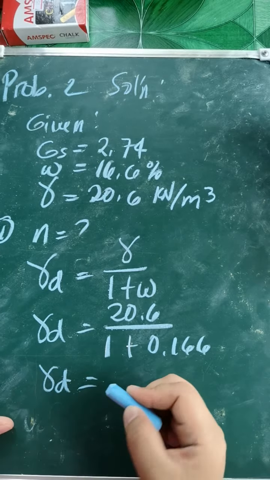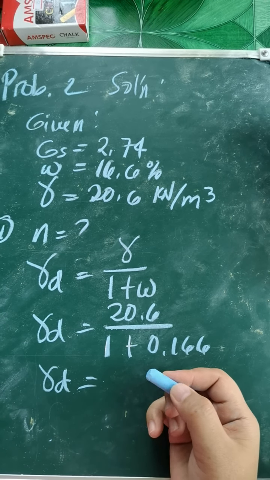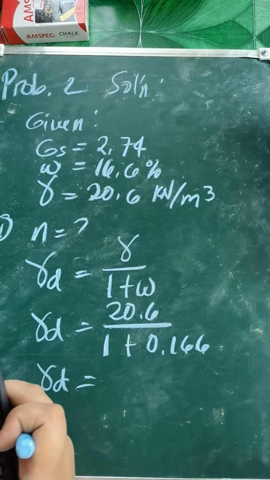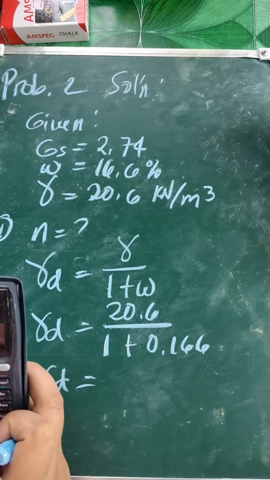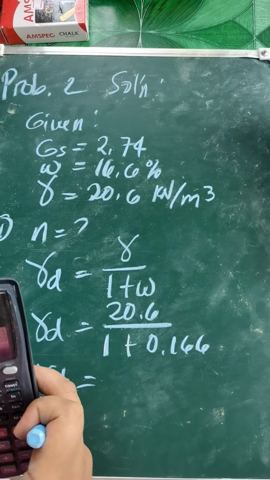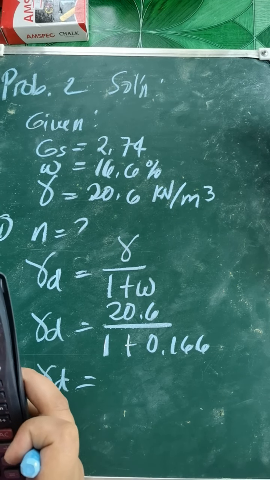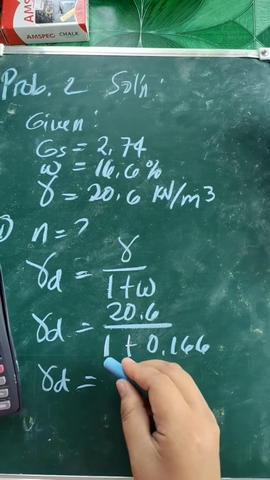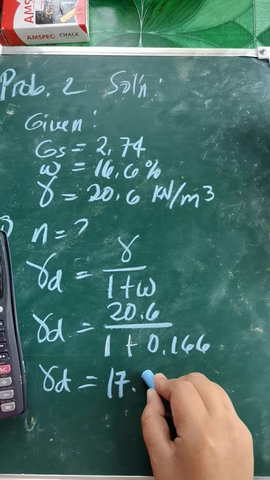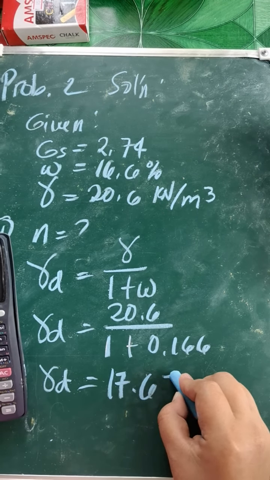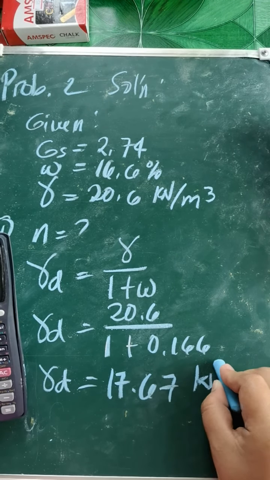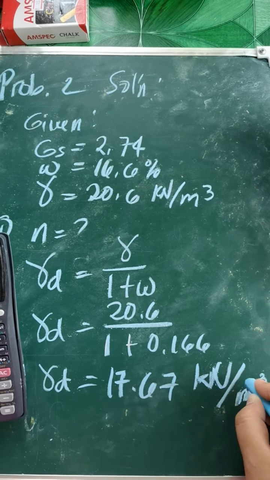So the gamma dry in this one is 17.67 kilonewton per cubic meter.